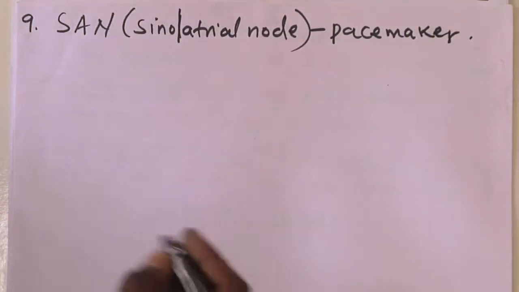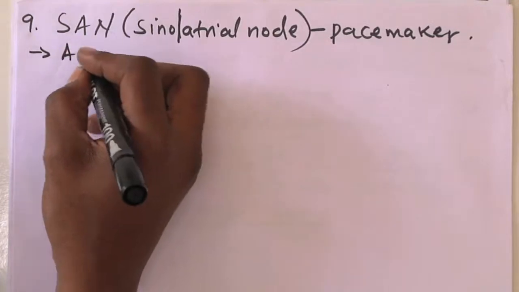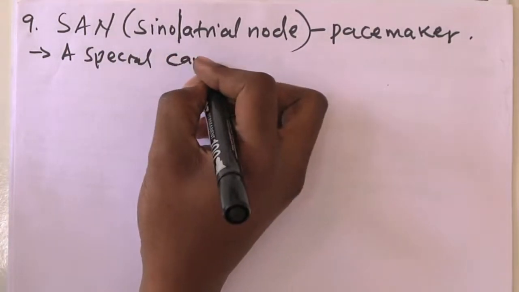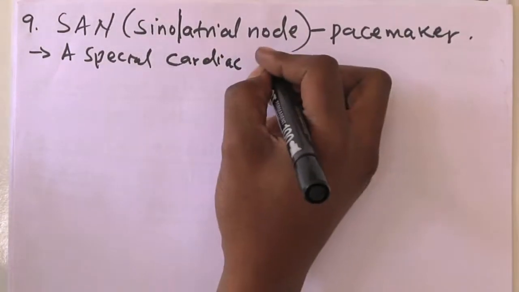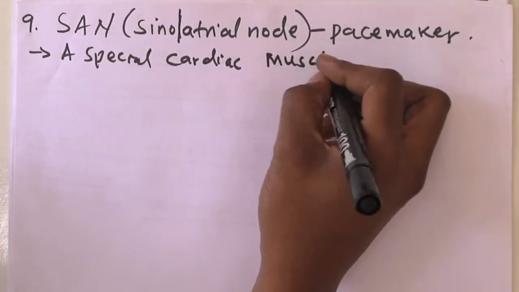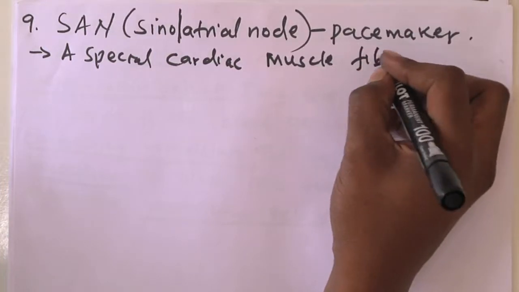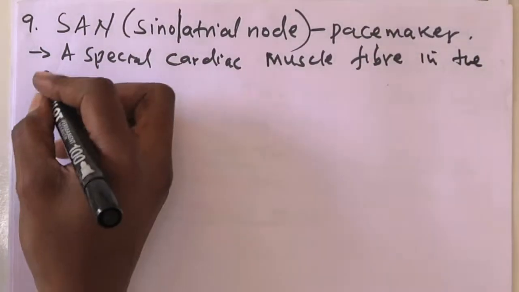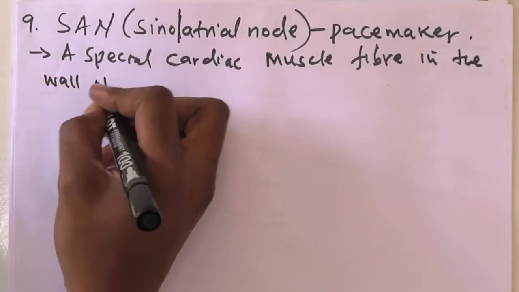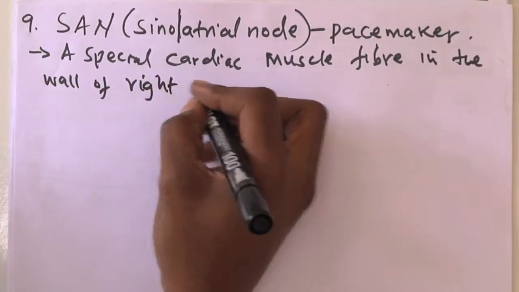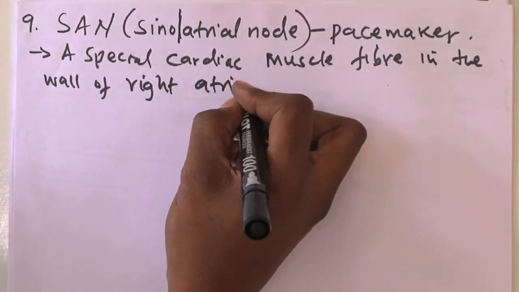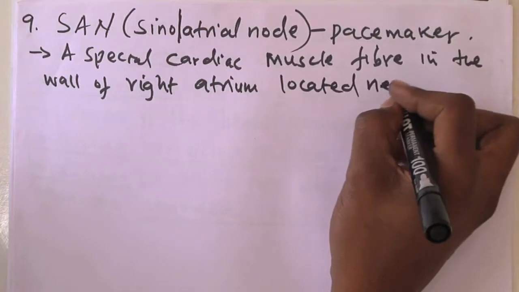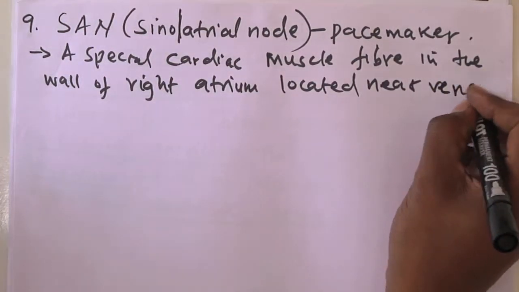So this is a special cardiac muscle fiber in the wall of the right atrium, located near the vena cava.